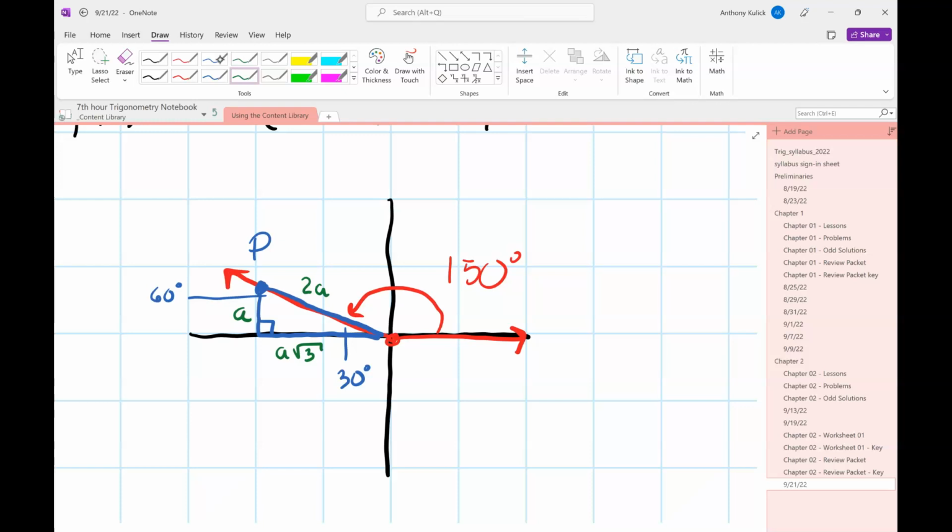Everybody agree with that? So you know what I'm going to do? I'm going to pick it so that A has a specific value. What's the easiest value A could be? 1. Yeah, I'm just going to pick my P so that my A is 1. So this just becomes 2 instead of 2A. A just becomes 1, and the other one just becomes square root 3.